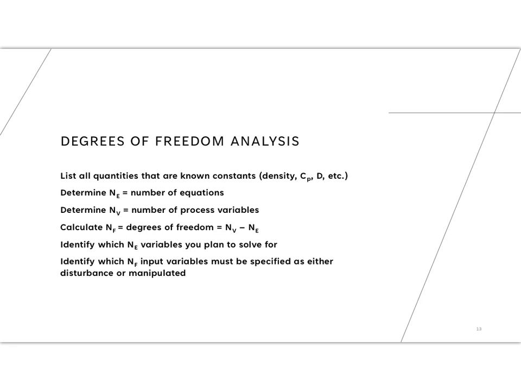So first, go through and figure out everything that you know to be constant. So likely candidates are things like density or C sub P, those properties, things associated with size. So diameter of a tank or cross-sectional area, maybe. Anything that you know to be a constant, make sure that you can identify that.